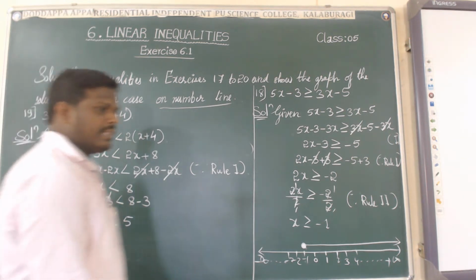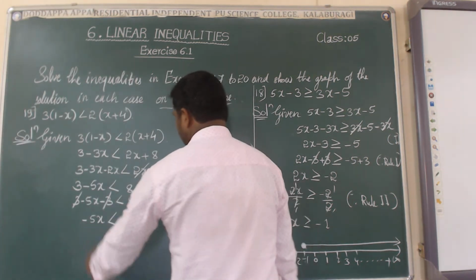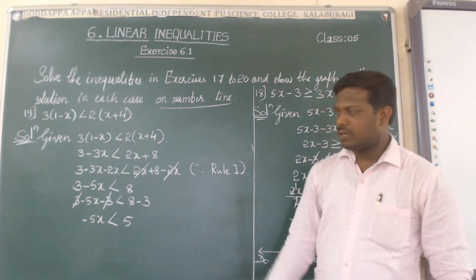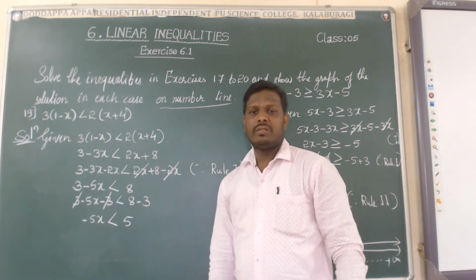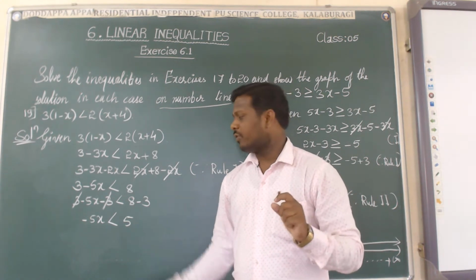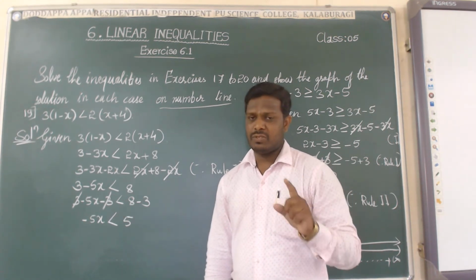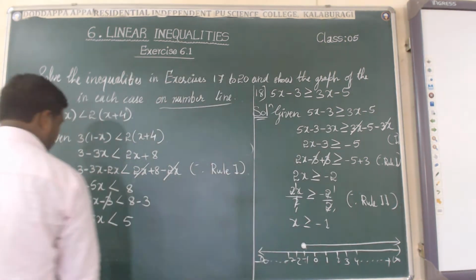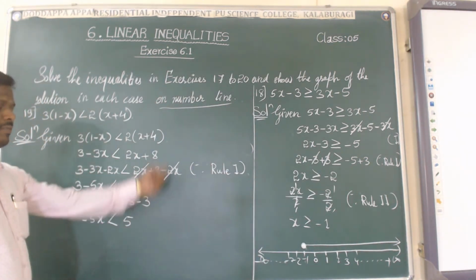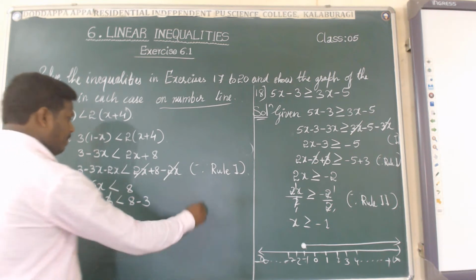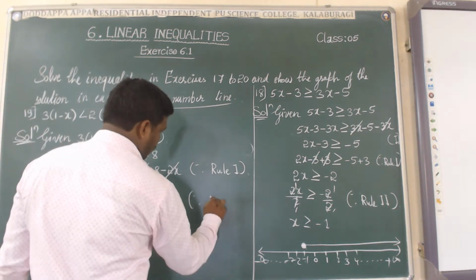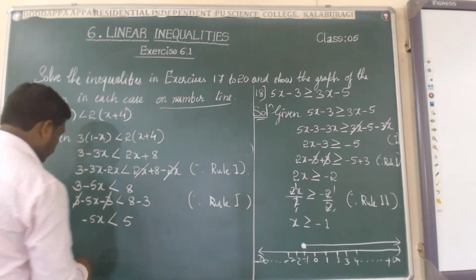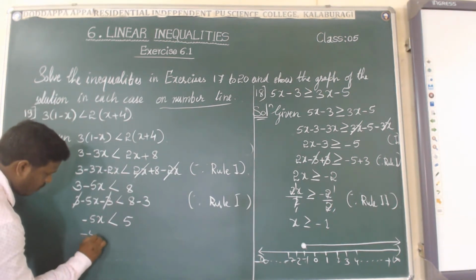Okay. See here, in this step the coefficient of x is minus 5. So I want to convert it into the coefficient of x being positive 1. So what do we do for getting the coefficient of x positive 1? Divide both sides by minus 5. Then the sign will be reversed because of the second rule. Here I applied the first rule only. Now in the next step I am using the second rule.